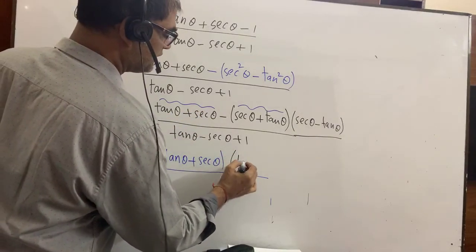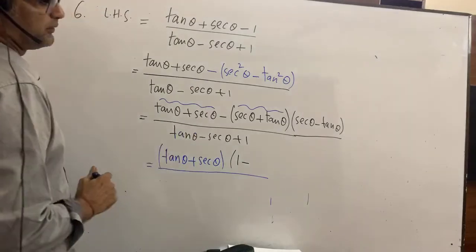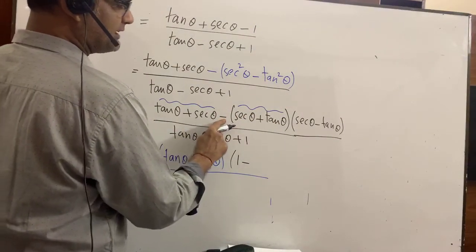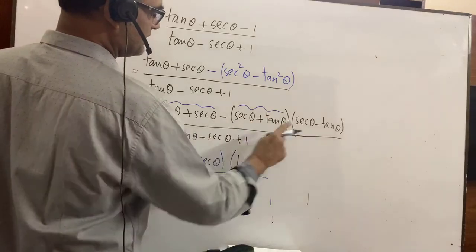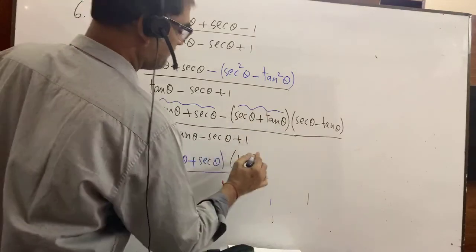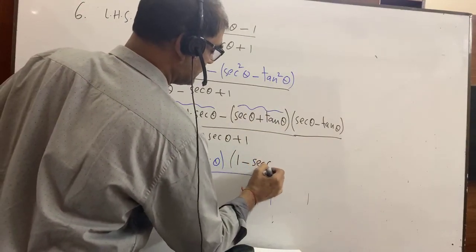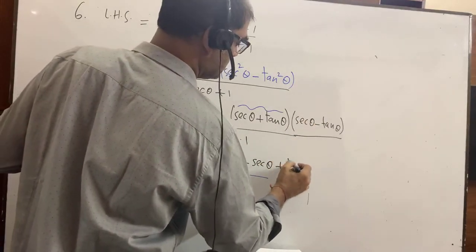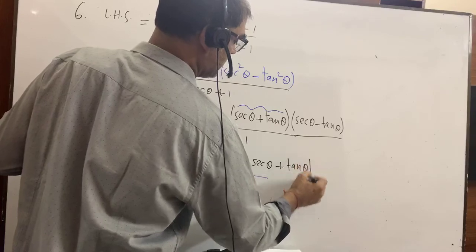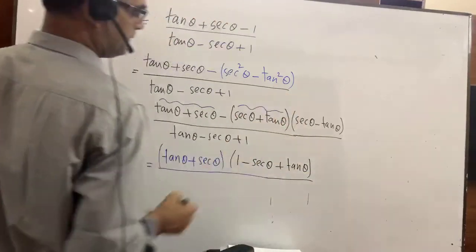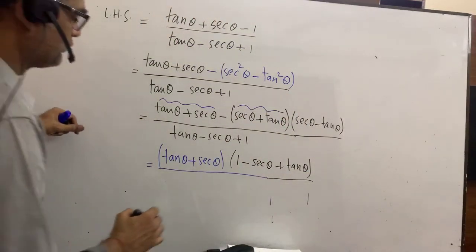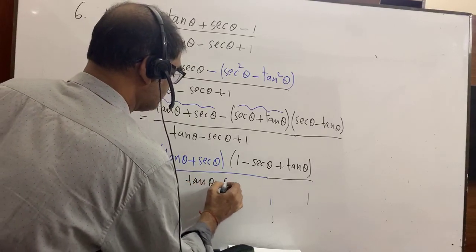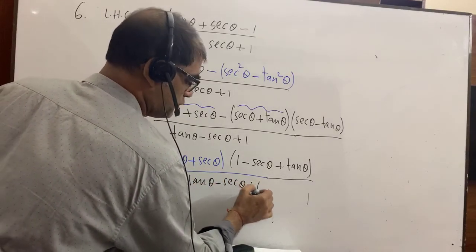Yes, it is 1. This is minus. It has been taken common. This minus will be implied here. So minus sec theta, plus tan theta. Okay, I have written. Now in the denominator we are getting tan theta minus sec theta plus 1.